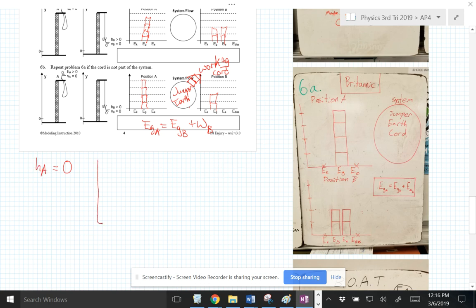So then when I go to do my L, I would say it's at 0. Okay. And there's no elastic injury there initially at A. And let's say the height at B is negative something. It's less than 0. That would be the simpler way to say it, right? HB less than 0 meters.